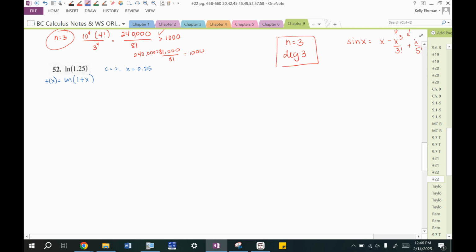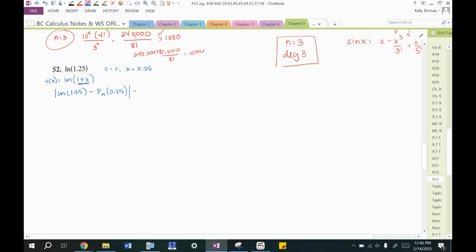Okay, so what am I talking about? They're asking me what is the difference between the natural log of 1.25 and the nth order approximation we're going to do to approximate 1.25. But it's not really 1.25. What are we plugging in for that? 0.25. Because in the formula, I'm saying f of x is ln of 1 plus x.